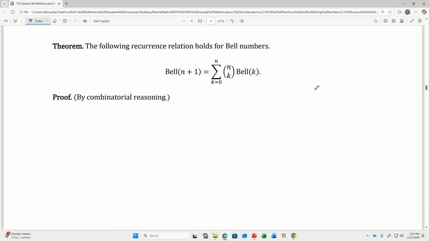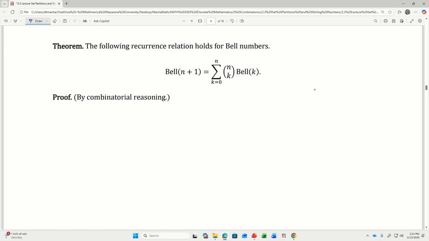The following recurrence relation holds for Bell numbers. And once again, if you were asked to prove this, you're going to prove it using the rule of counting in 2 ways, where the left side of the equation is counting something, and the right side of the equation is counting the same thing in a slightly different way.